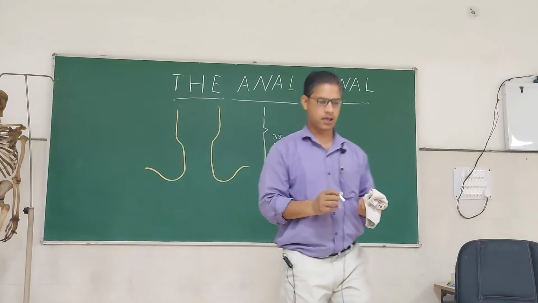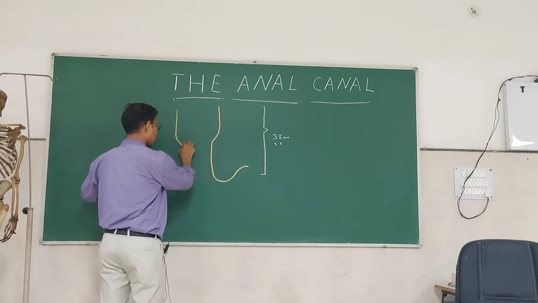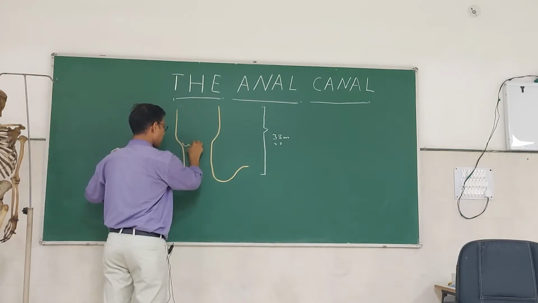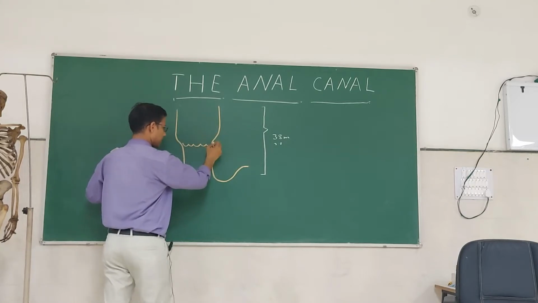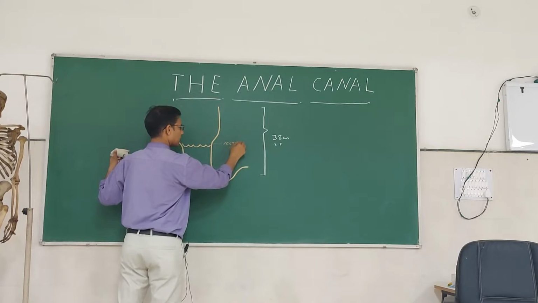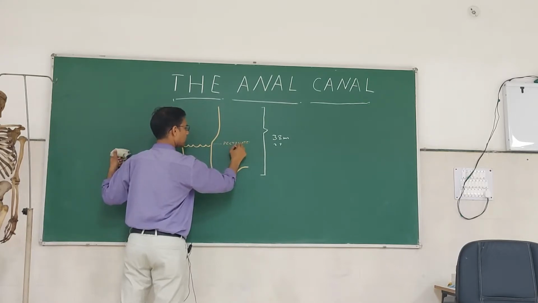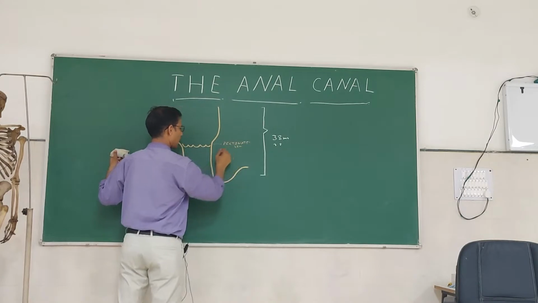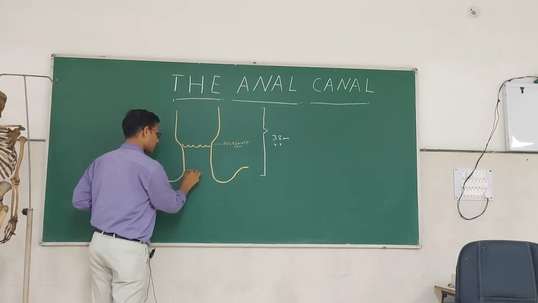into three parts. Part number one is separated by this curved line, known as the pecten line, and another line which is at the junction of the middle and lower aspect.